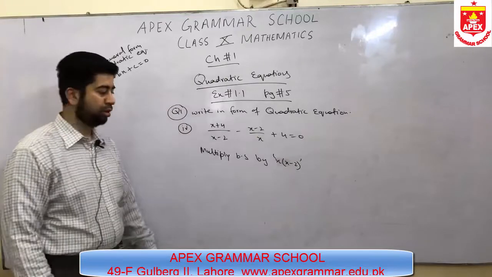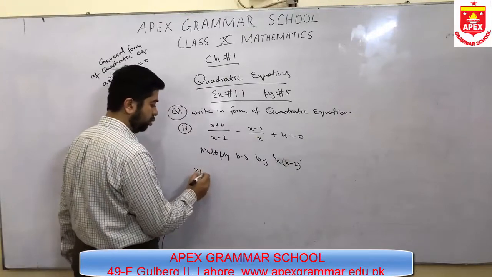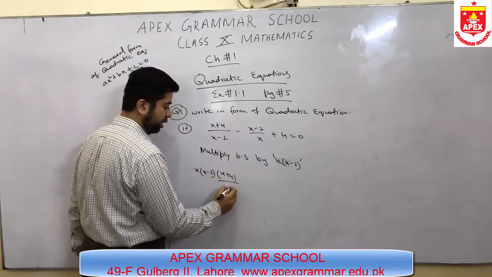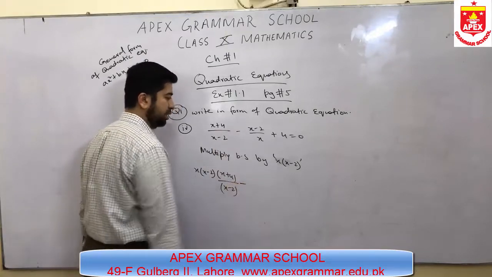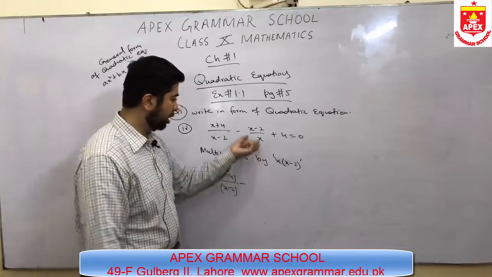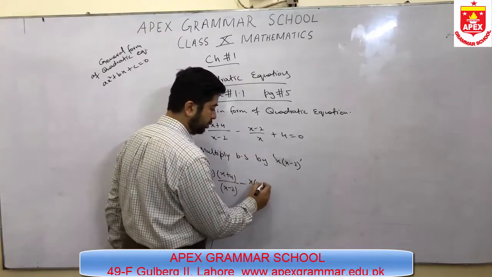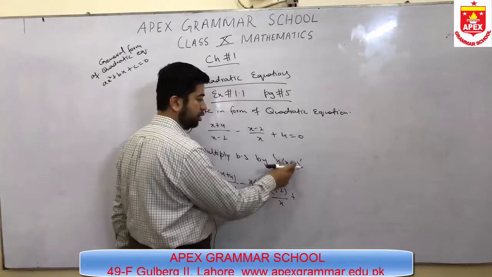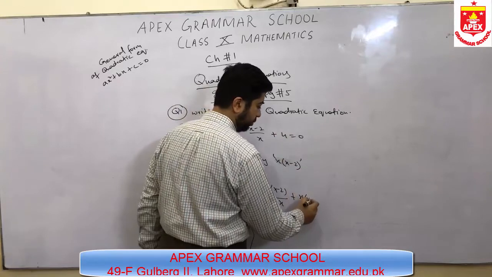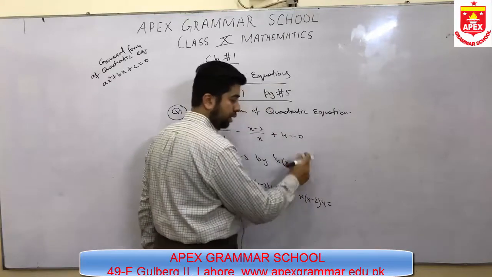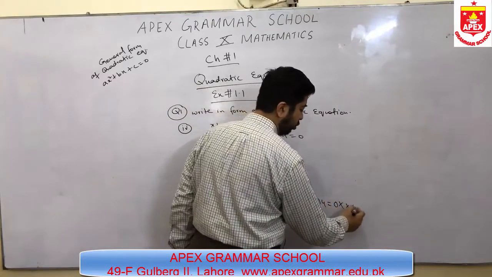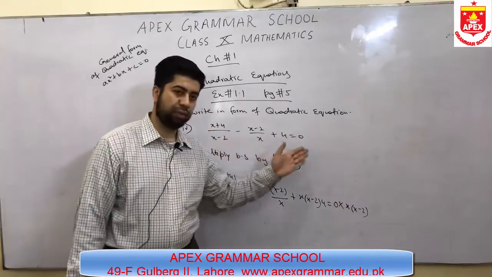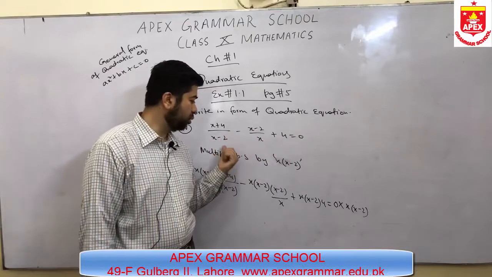Multiply all these values: x into x minus 2 with x plus 4 over x minus 2, after that minus sign, x into x minus 2 with this one, plus x into x minus 2 with this one, also 0 multiplied by x into x minus 2.